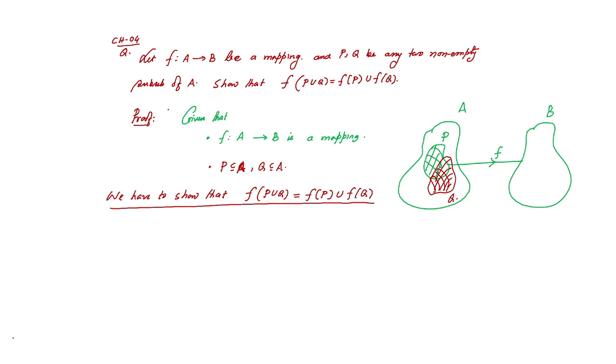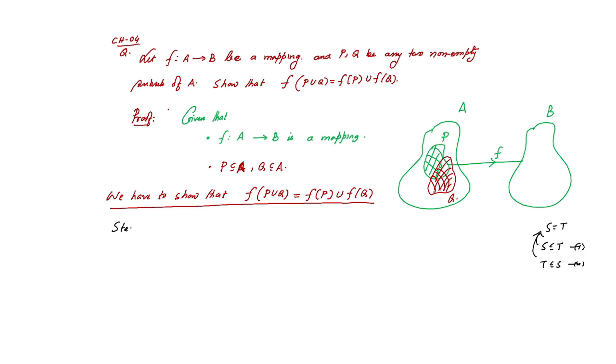We will use the concept of S equals T, in which we will show S is a subset of T, and then we will show T is a subset of S. From 1 and 2 we can say S equals T. So we will break it into 2 steps.